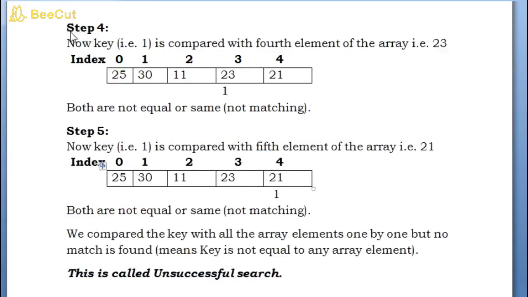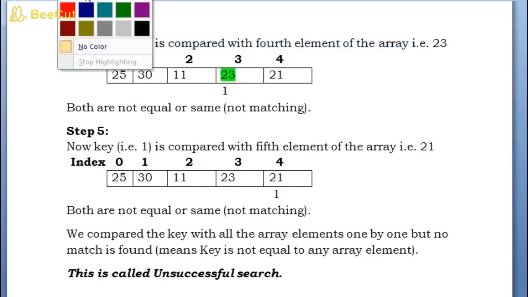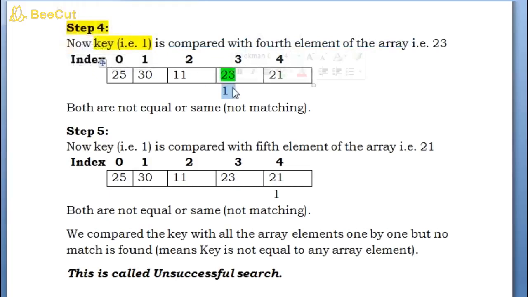So in the next step, that is step 4, now the key value 1 is compared with the fourth element of the array. What is the fourth element of the array? That is 23. And what is the key value? 1.